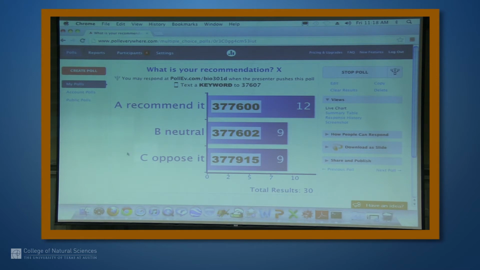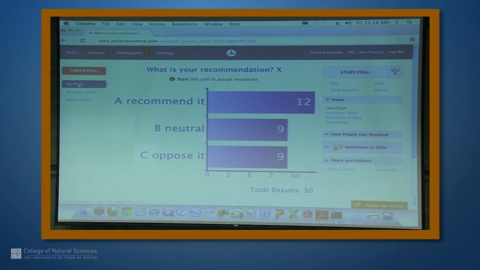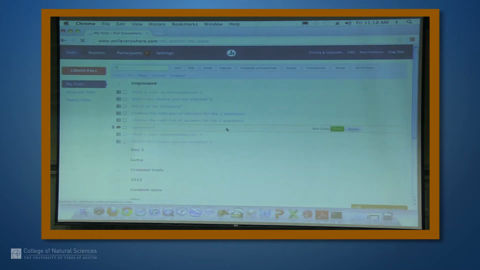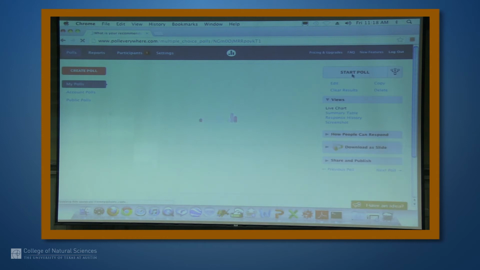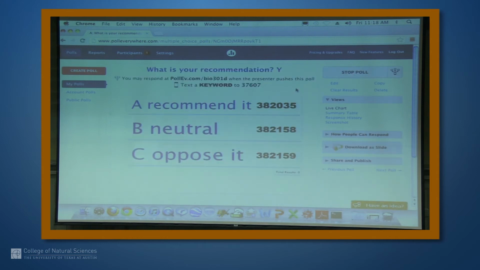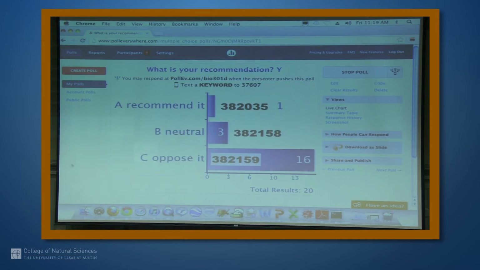Okay, now if you have form Y, do the same thing. Okay, well that distribution looks a little different than the last one.